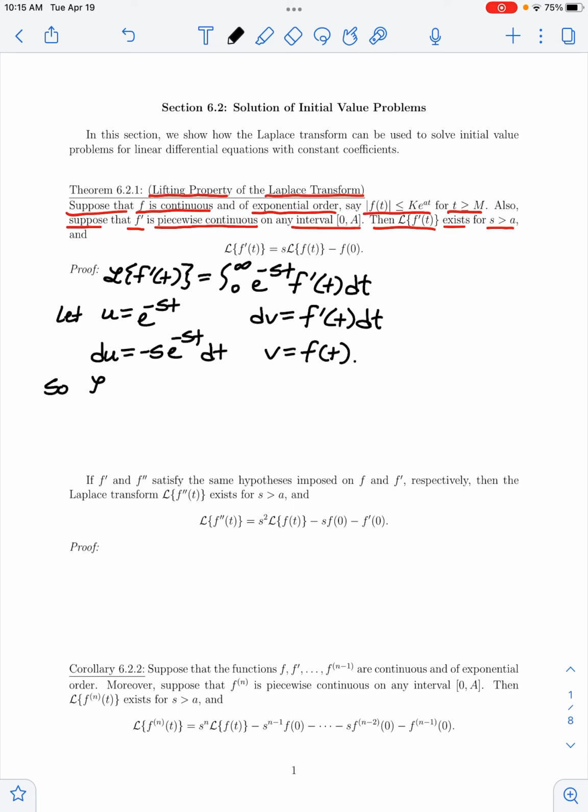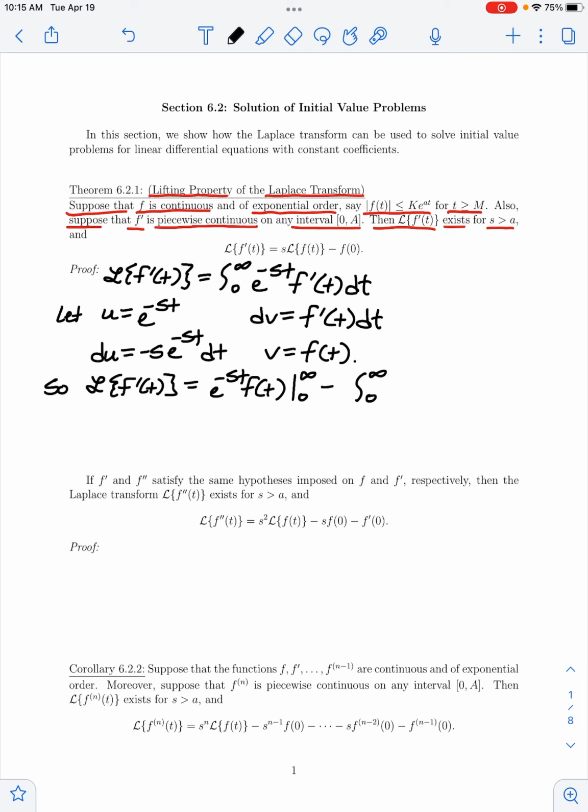And so we then have the Laplace transform of f prime, which was this integral, using integration by parts is given by u times v. So I would have e to the negative st f of t, evaluating from 0 to infinity, minus the integral from 0 to infinity of v du.